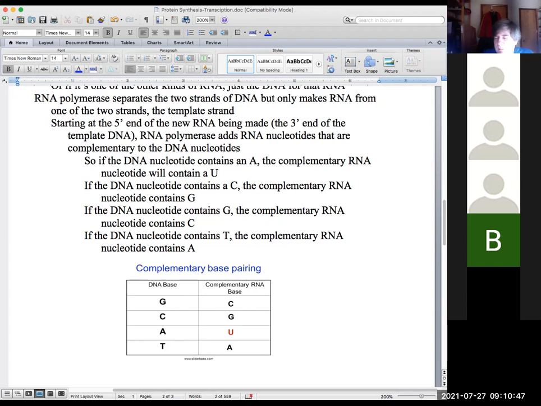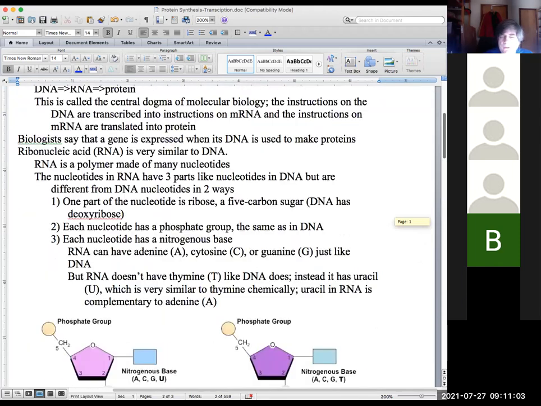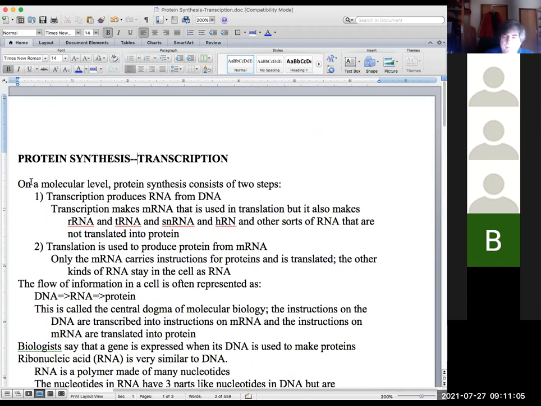So we talked about replication, and we explained how complementary base pairing explained how replication could occur very quickly and very accurately. So now what we want to think about is how we can make a protein. And making a protein occurs in two steps. The first step is something called transcription.